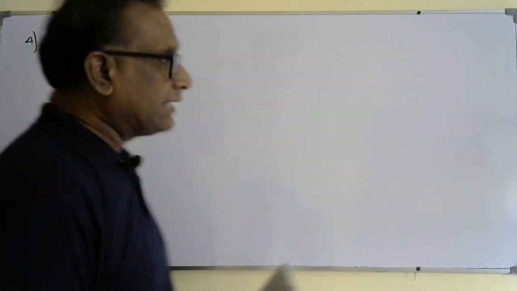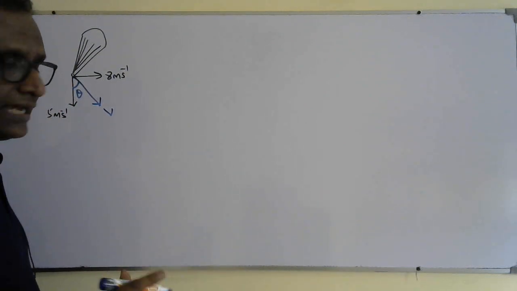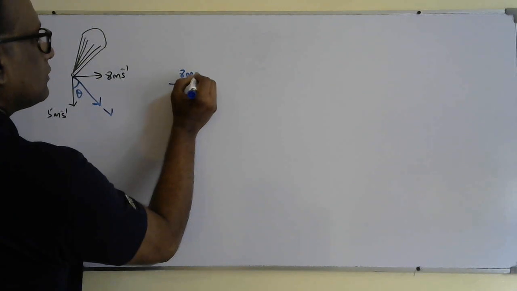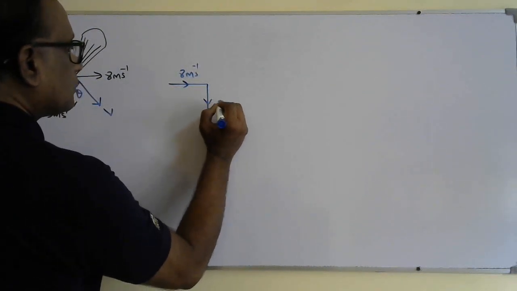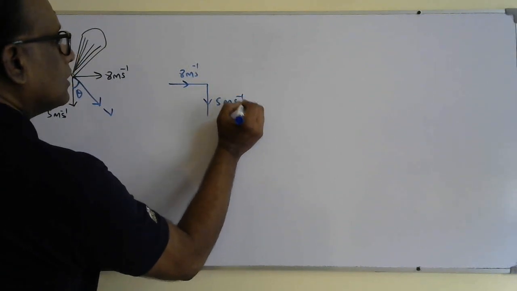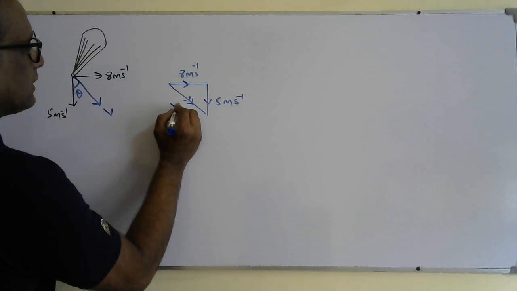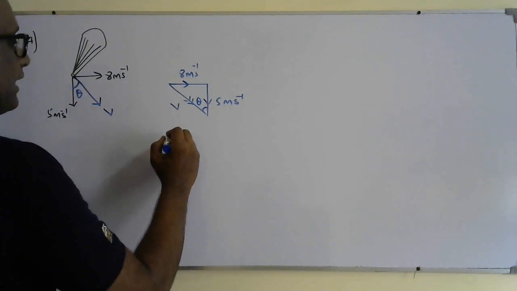We can think about the vector diagram. We are not going to draw according to scale. We are going to sketch 8 meters per second, and 5 meters per second from here. So the resultant is this way. That's the resultant velocity. This is the angle theta. So in this triangle, how do you find V?